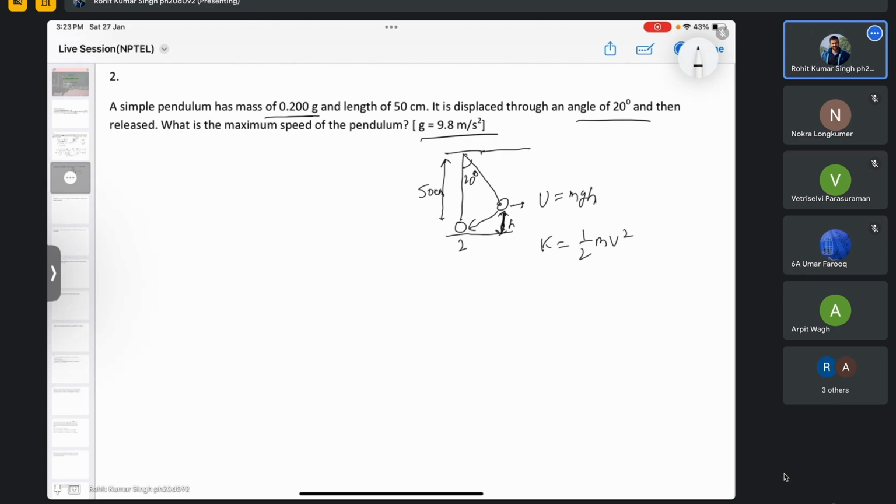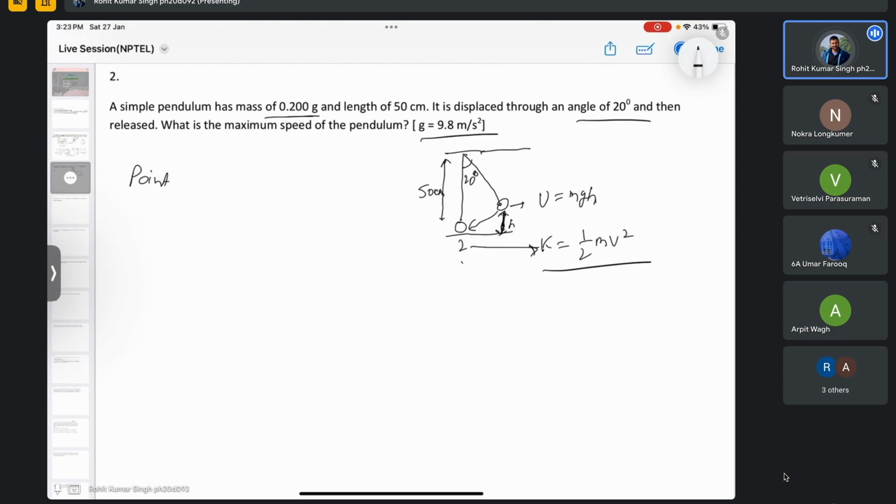So if we calculate the kinetic energy at point 2, you will know that all of this potential energy gets converted into kinetic energy at point 2, right? Because the height is 0 here, so no potential energy is there at point 2. So I'll write it here.